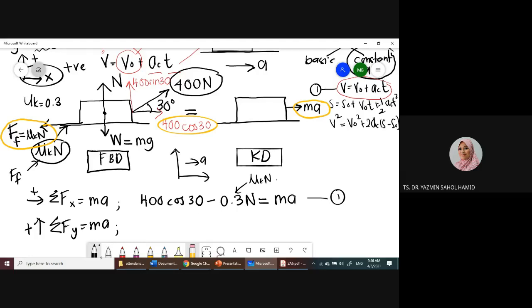Now for the second equation, let's find the equation in the y direction. So in the y direction, what do you have? You have the normal force and you have the weight. One more. What else? Force. Yes.